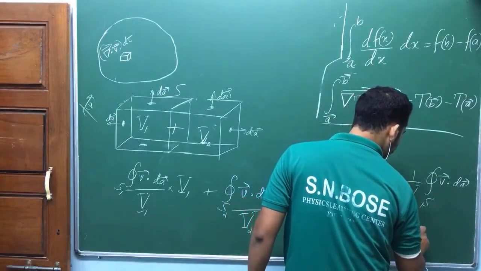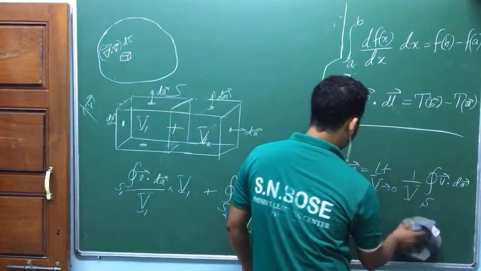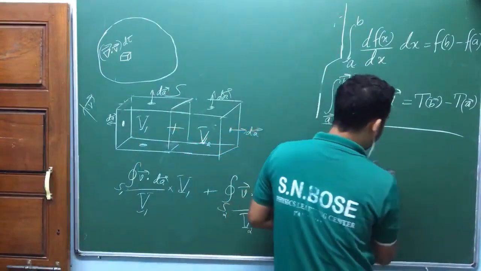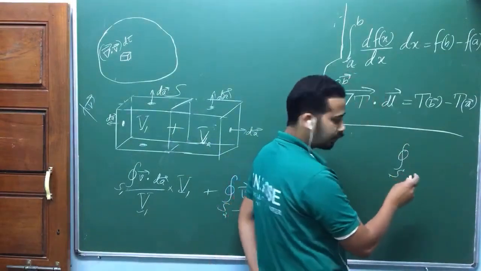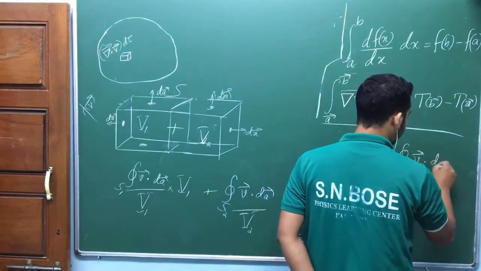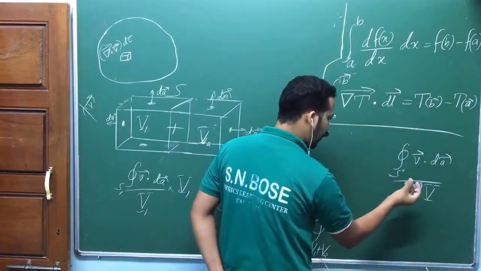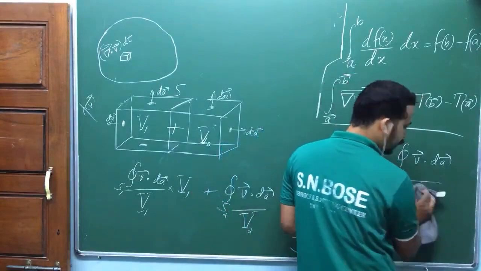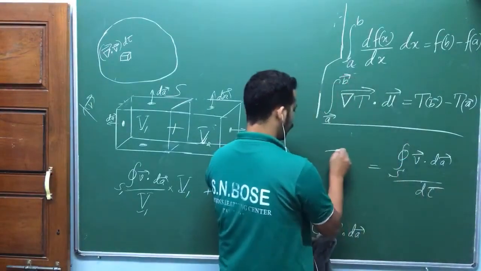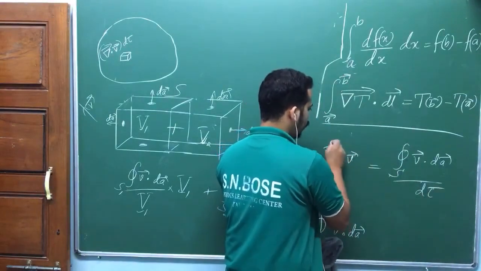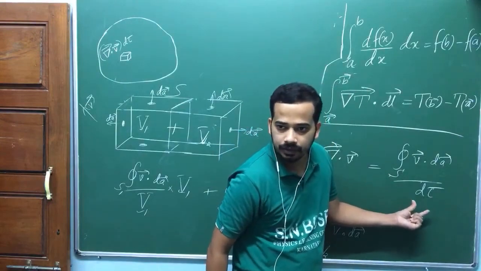Since the volume is very small, this surface is also very small, a very small closed surface around that point, of V bar dot dA bar, divided by d tau, the infinitesimal volume element. So that's equal to del dot V, where this S is the surface of this small infinitesimal volume.